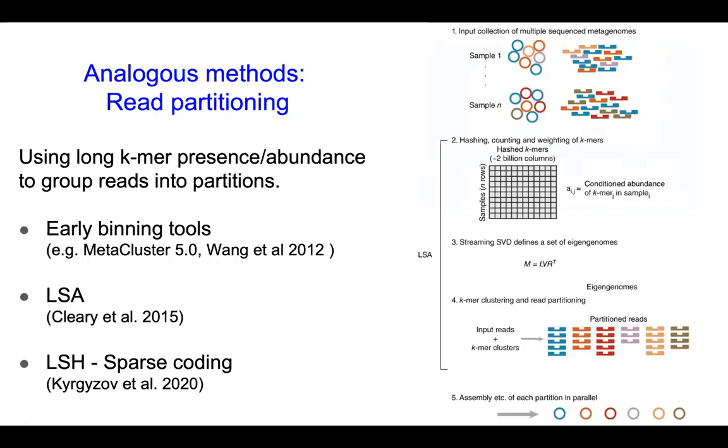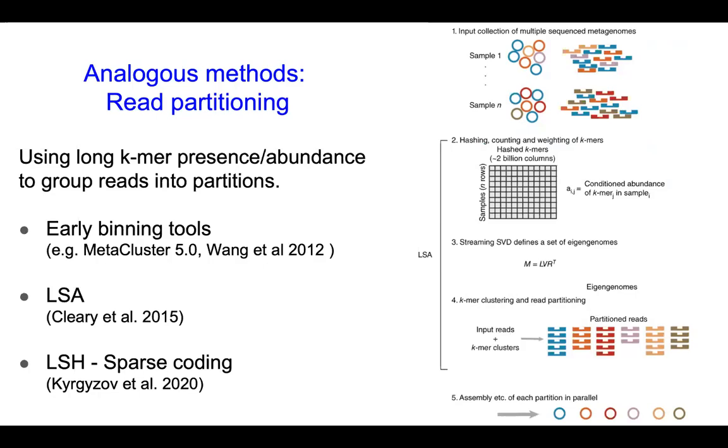Another analogous method is termed read partitioning. It is a binning method in a way, but rather than binning contigs, so long assembled sequences with a lot of information in them, what you do is you partition reads. So you try to group reads together. This was the original binning.